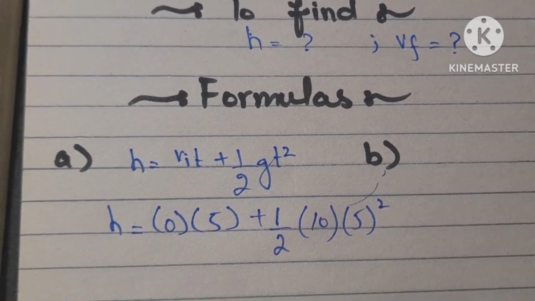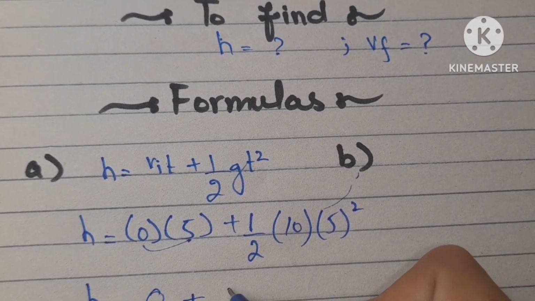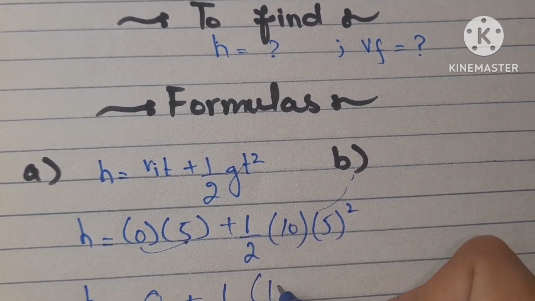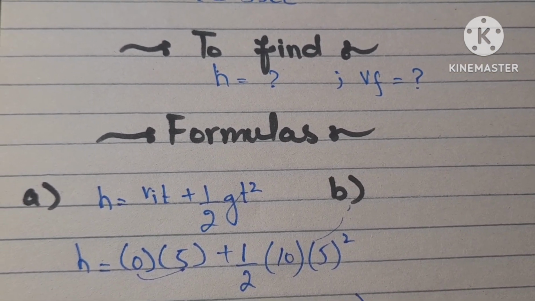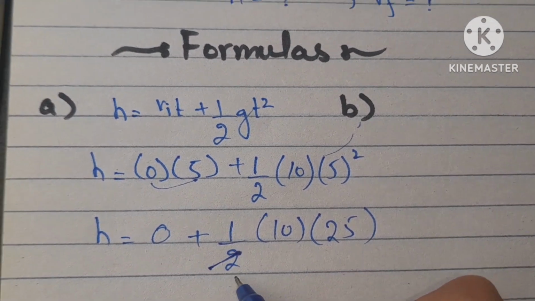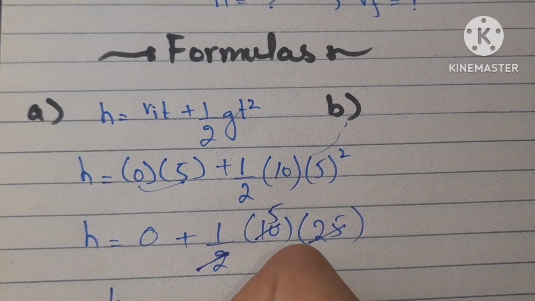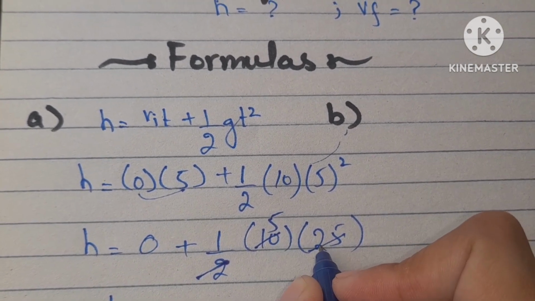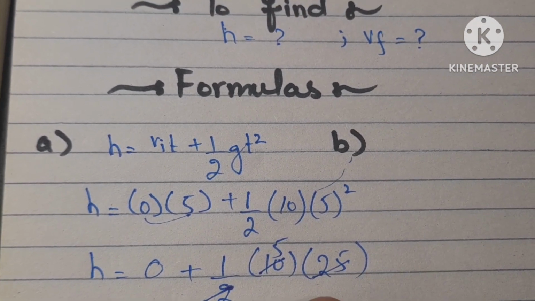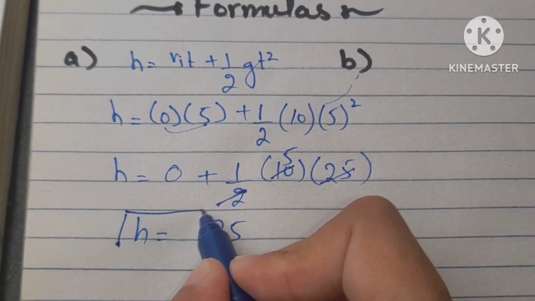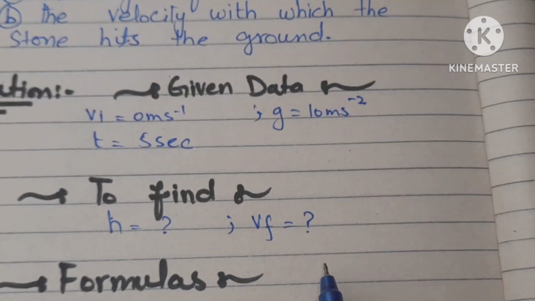Okay, h is equal to, this term will be 0, 1 by 2 times 10 times 5 square, 25. 2 and 2 fives are 10, h is equal to 5 times 25, which is equal to 125, and the unit of height is meter.